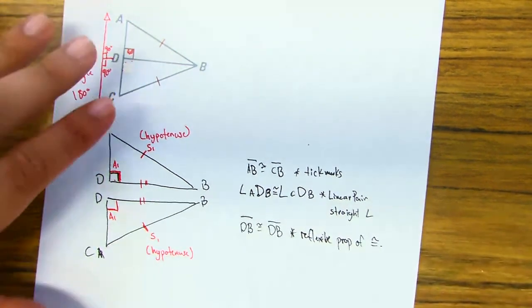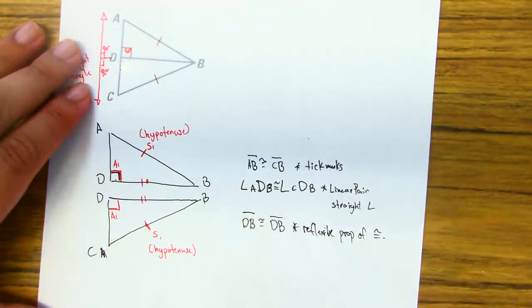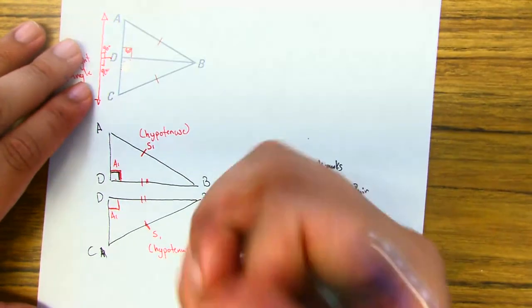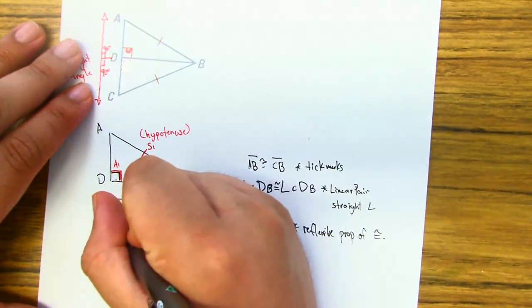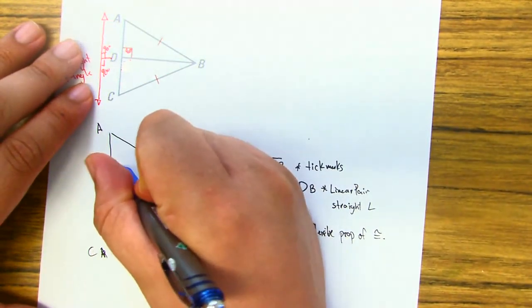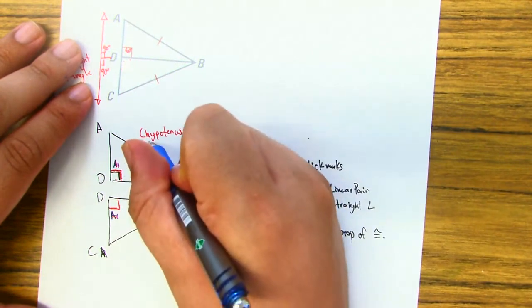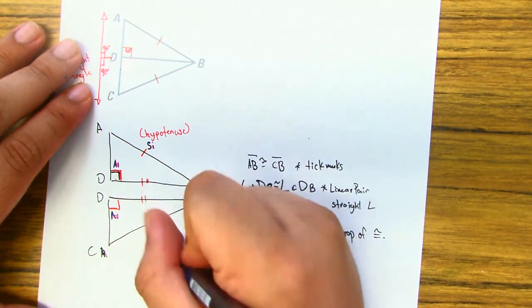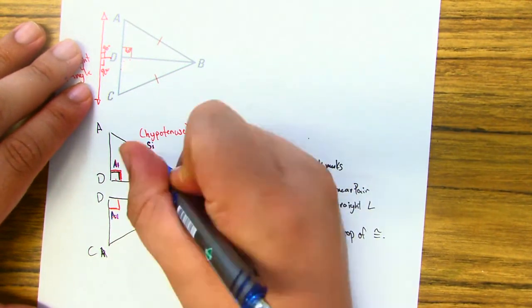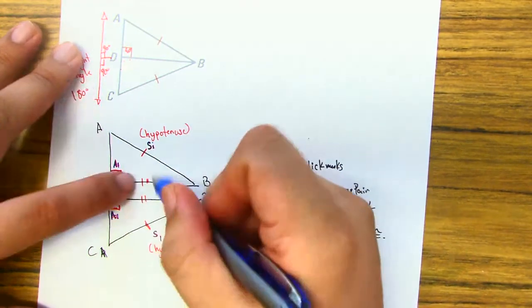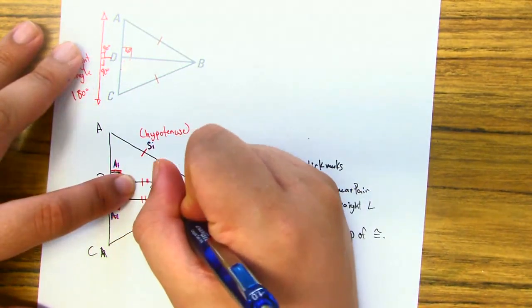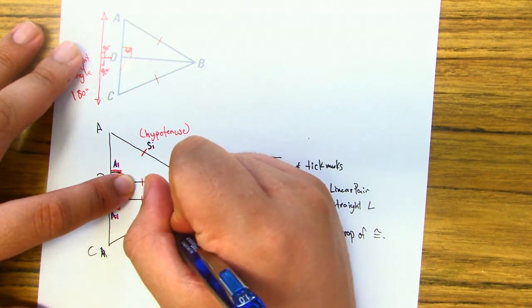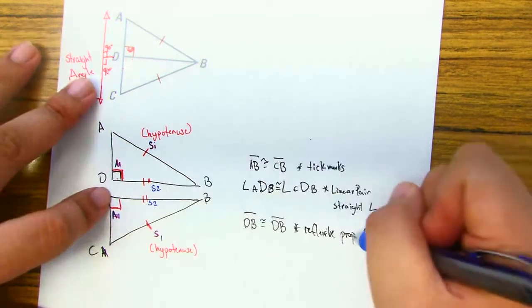Okay. With that pre-information, that gives me one pair of angles that's congruent. I have another pair of sides that's congruent due to the tick mark. And I also have another pair of sides that are congruent because of the reflexive property of congruency.